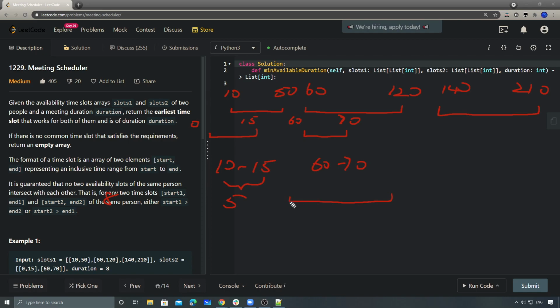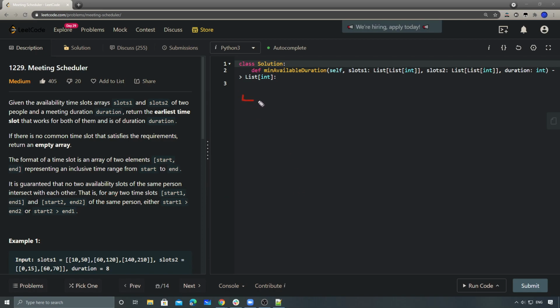Let's say we have this interval, with a start and an end, and then we have another start and end. Even though they have the same starting time, the first person has a bigger ending time.